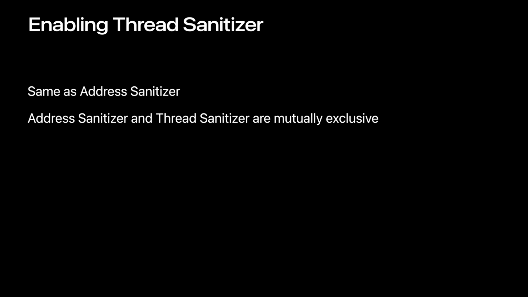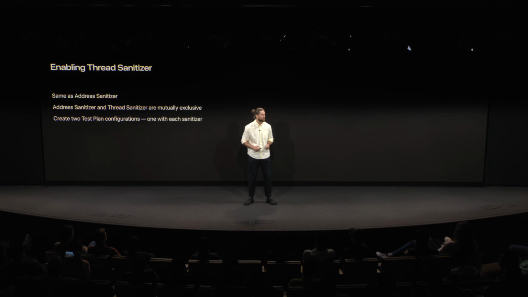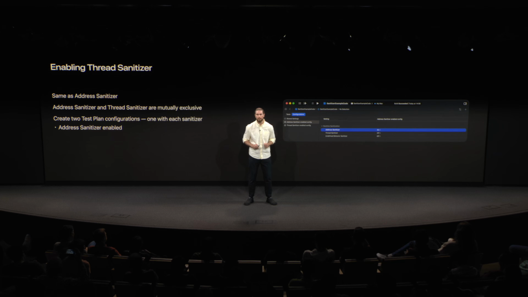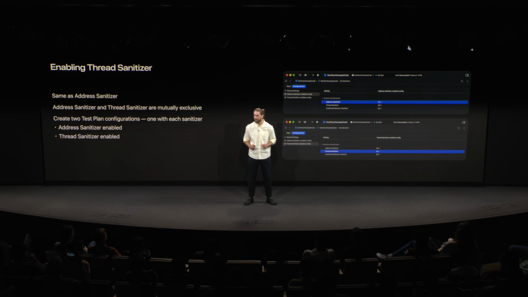Thread Sanitizer is enabled in the same way as Address Sanitizer. Note that the two are mutually exclusive, so you can only run with one enabled at a time. For automated testing, you can create two different configurations for your test plan. One with Address Sanitizer enabled, and another with Thread Sanitizer enabled.